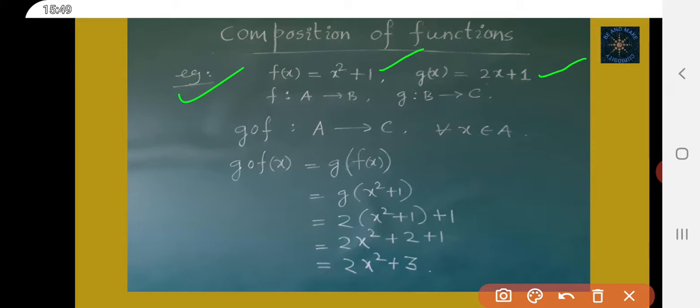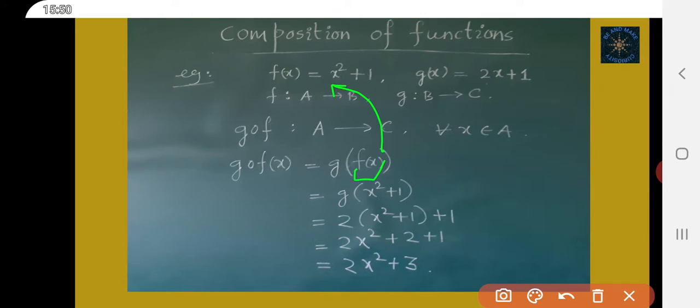These are two functions. f is mapping from A to B and g is mapping from B to C. Then the composition of the functions f and g is mapping from A to C for every element of x in set A. So gof of x, you can write g of f of x. And here, f of x is x square plus 1.